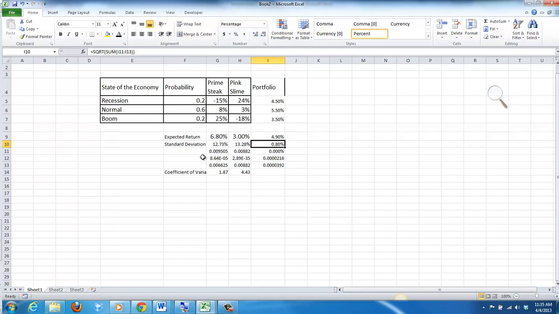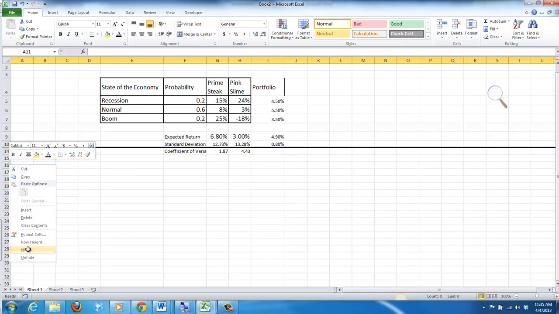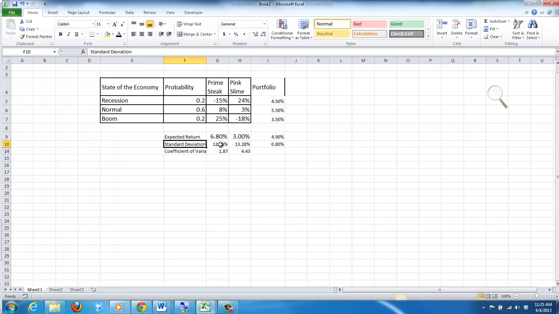Okay, so if I'm going to make this look nice, I'm going to delete these three and make everything the same size.